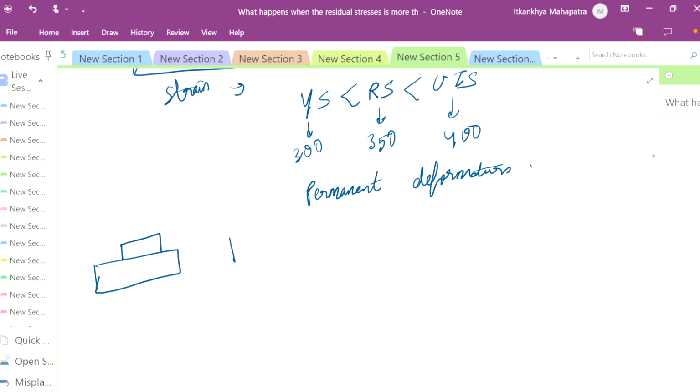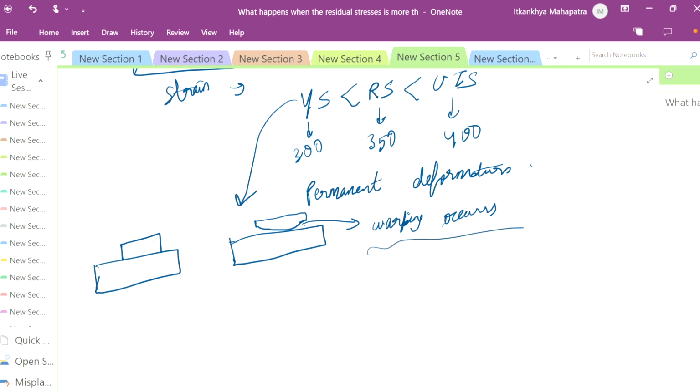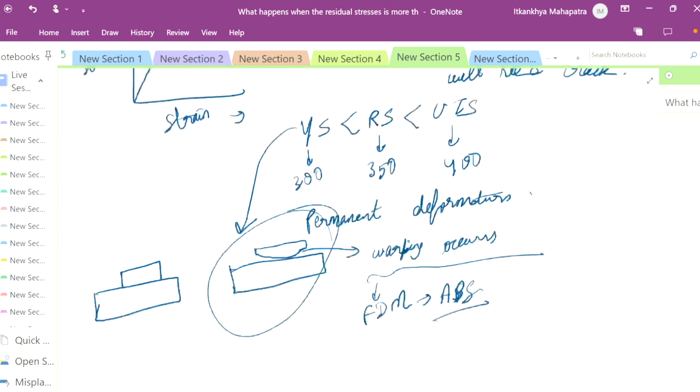You will see that the material is like this. In the edges, warping occurs due to this permanent deformation, that is, the residual stress is less than your ultimate tensile strength but greater than the yield stress. And this is very usual in the FDM process, specifically in ABS material. So we should always avoid warping.